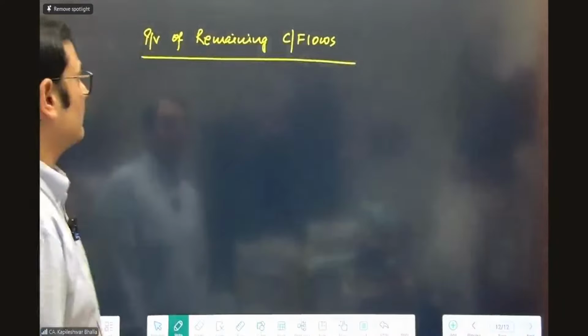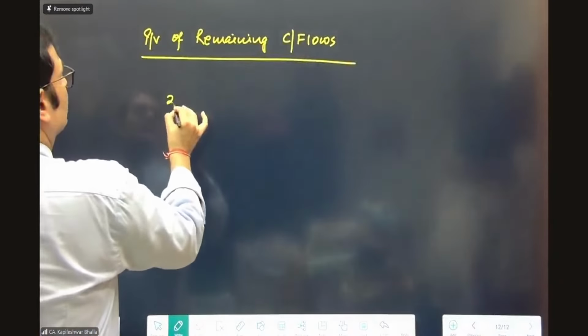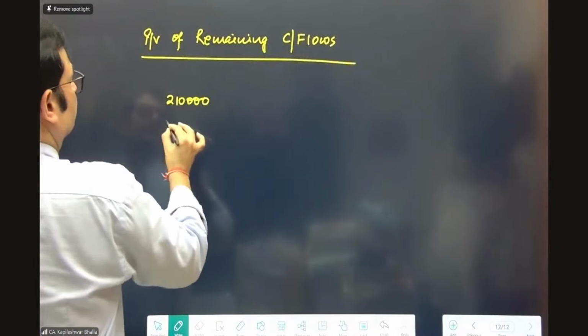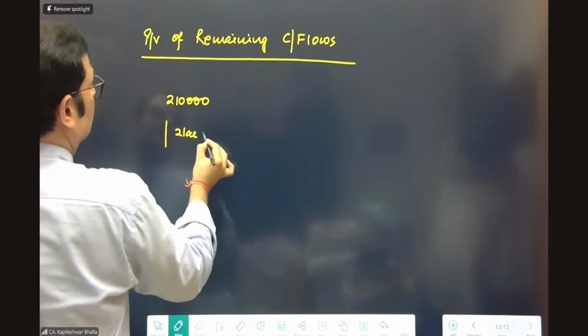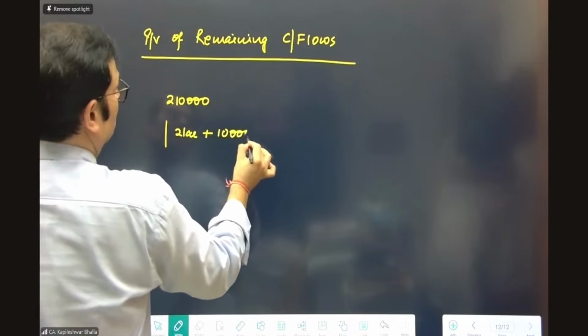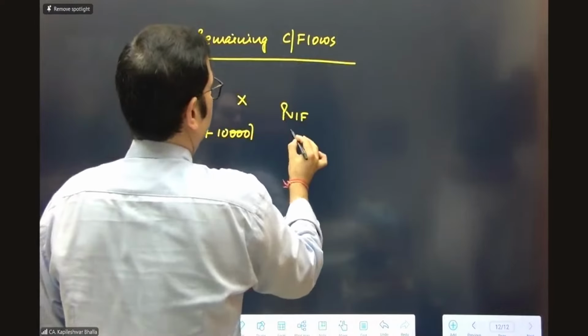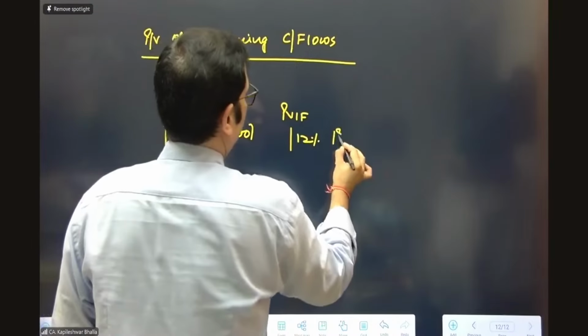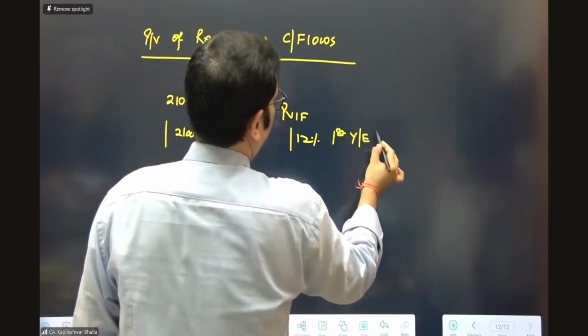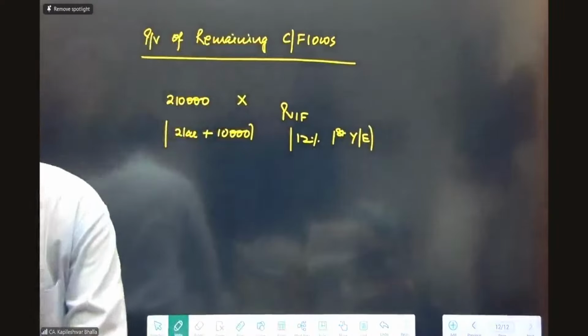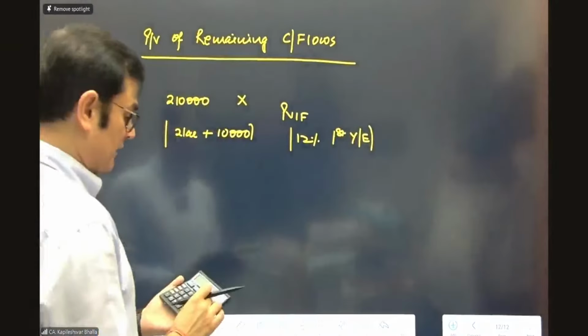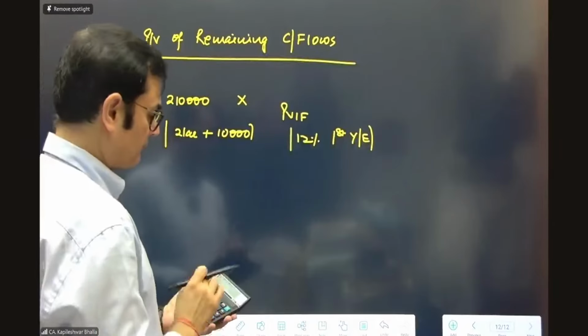So let's take the present value of the remaining cash flow. So we can say this is going to be 2 lakh 10, the principal amount plus the interest which is now expected to be collected. And we just need a PVIF. This is at the rate of 12% first year end, because now we are standing 1 year away. So let's just do the discounting for 1 year.